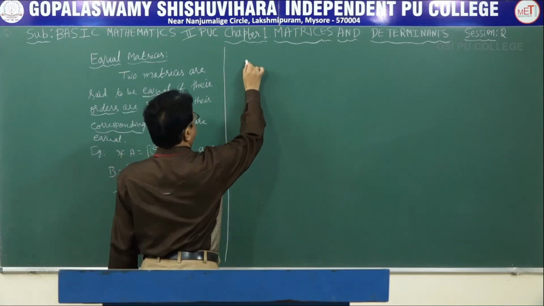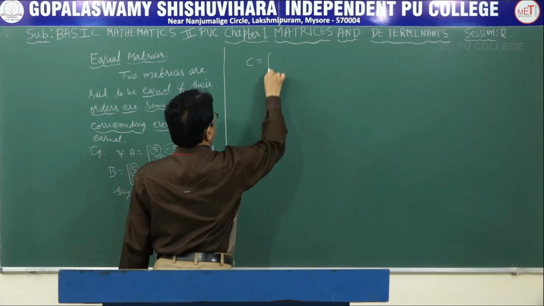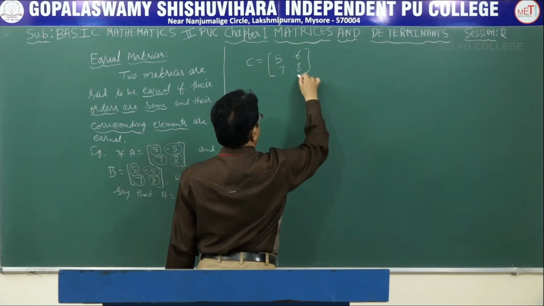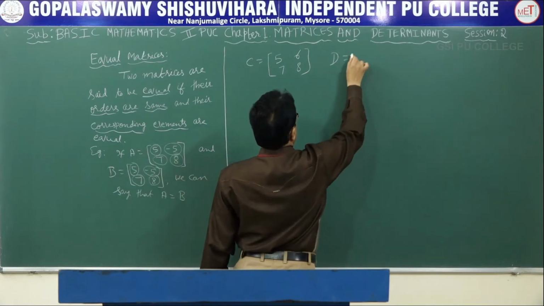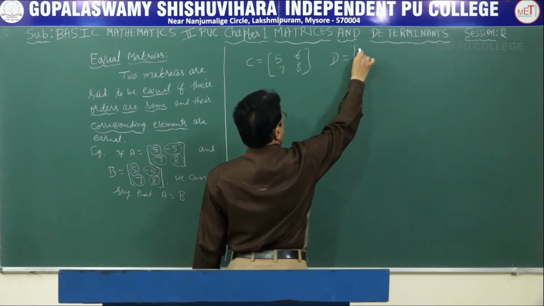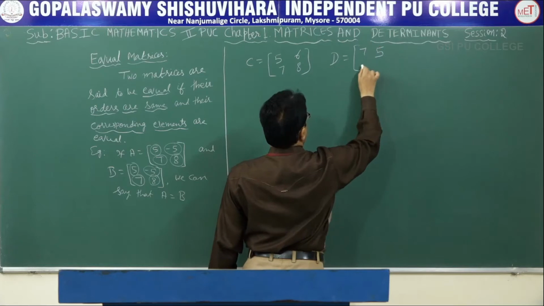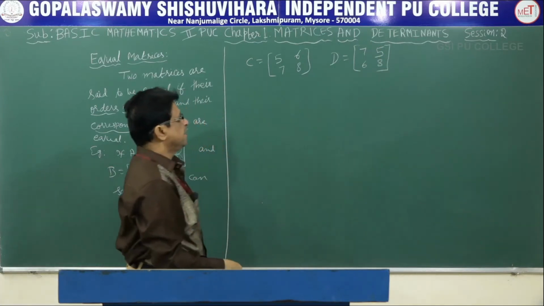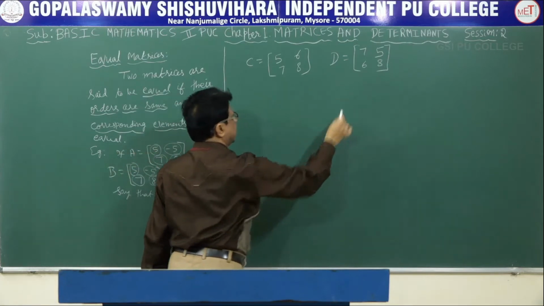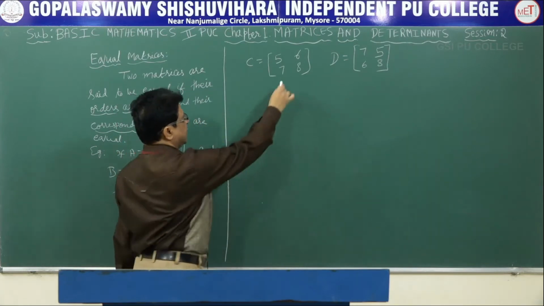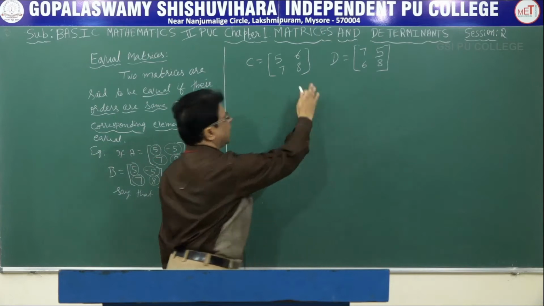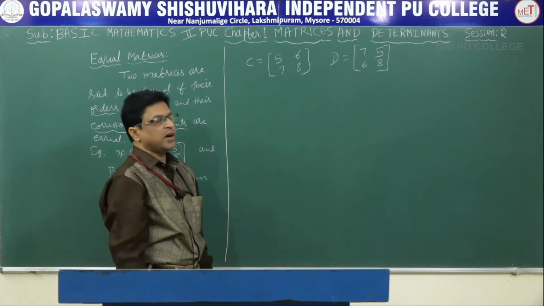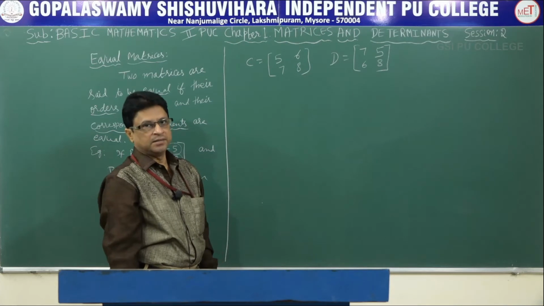Let us consider another example. C equals 5, 6, 7, 8 and D equals 7, 5, 6, 8. Even though the orders are same for both the matrices C and D, their corresponding elements are not equal.